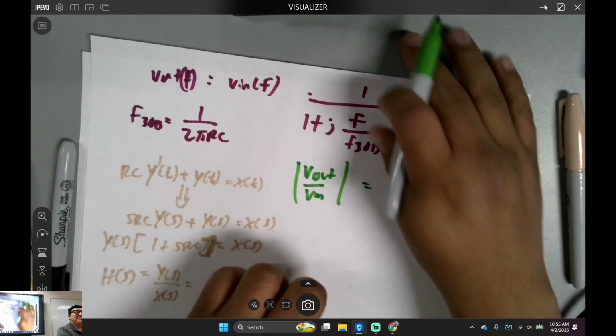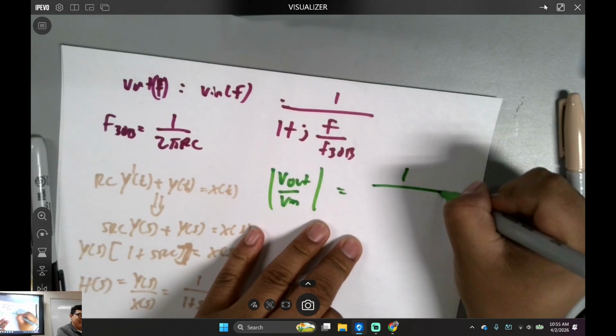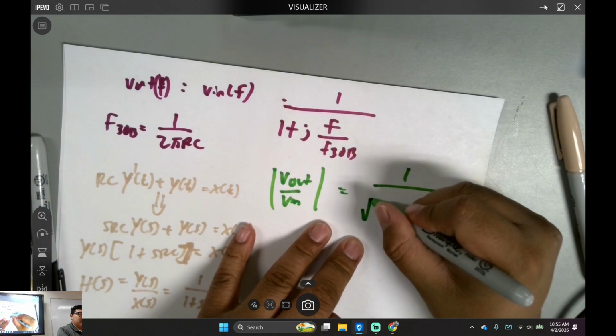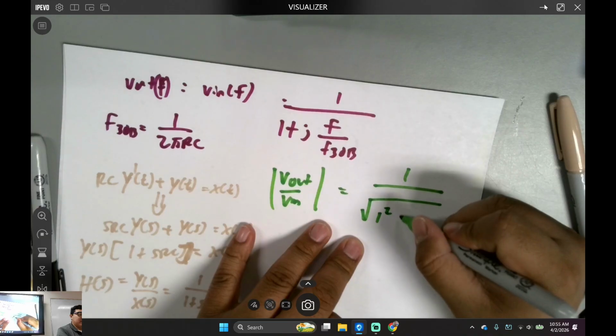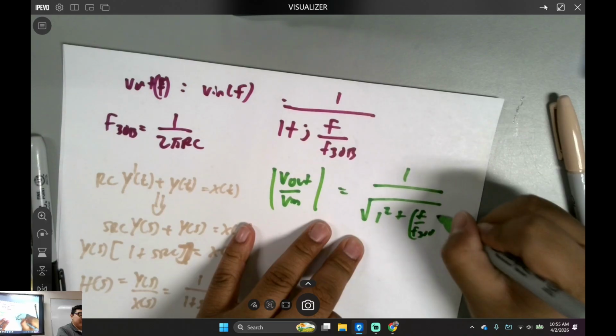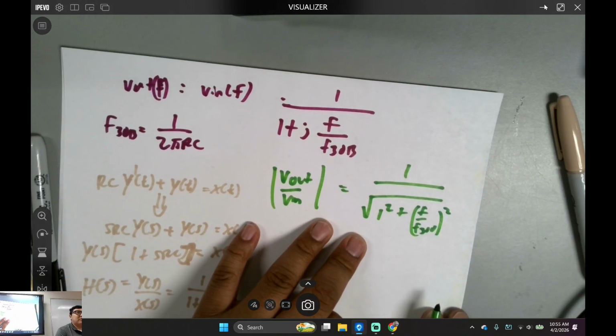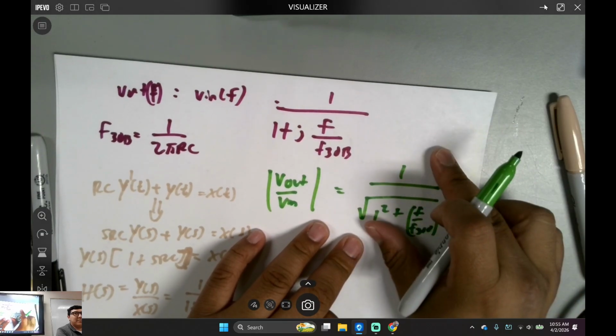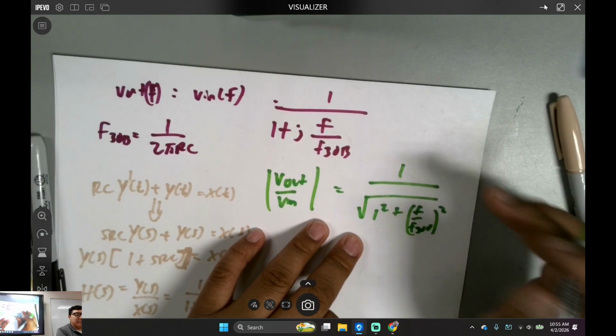What's the magnitude of 1? What's the magnitude of this guy? Square root of 1 squared plus F over F3dB squared. Everyone understanding what's going on? Now there are no imaginary numbers. It's all real.